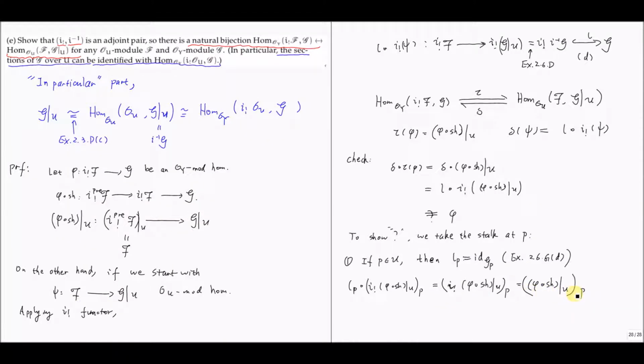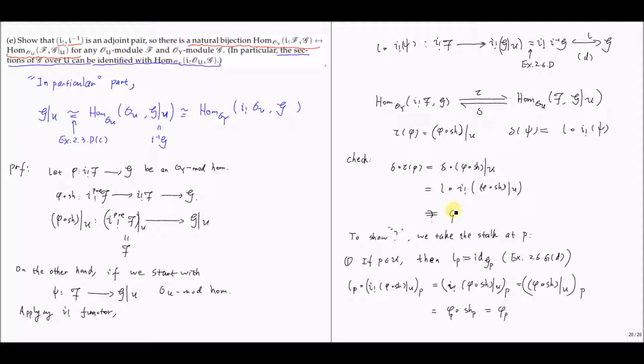Okay, so what is this? I remove this U because P is already in U, so this will become phi sub P composed with sheafification sub P. But the induced map of sheafification on stalks will be the identity. So this will be phi sub P. They agree on the level of stalks.